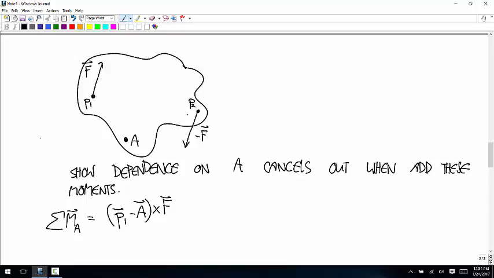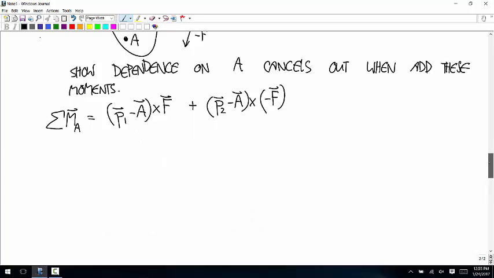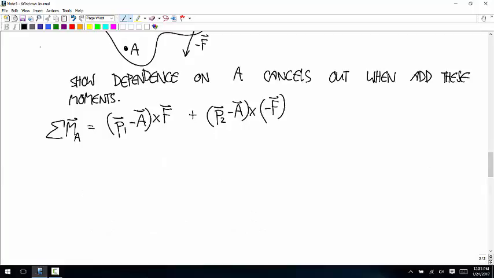And now the moment produced by the negative F. What's the row vector for the negative F? P2 minus A, yep. And we're crossing that with negative F. And now we'll use some of the properties of the cross product.